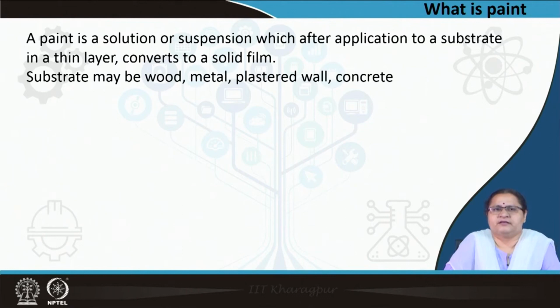This substrate may be wood, metal, plastered wall, concrete, or even brick. So, we have a thin layer which converts into a solid film. Obviously there is some material which helps it to become solid and to get applied when it is in a thin layer.